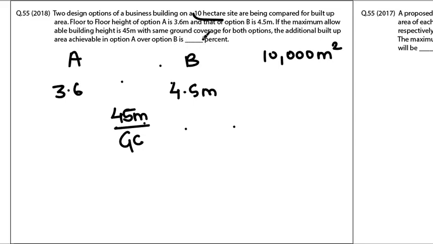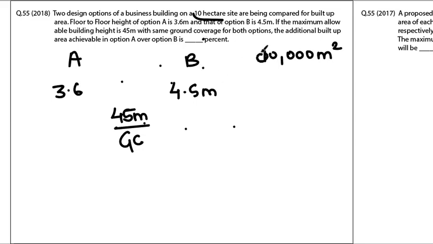Now in this question they have given two design options, option A and option B. In option A, the floor to floor height is 3.6 meter, and in option B it is 4.5 meter. And the plot area is 10 hectare.